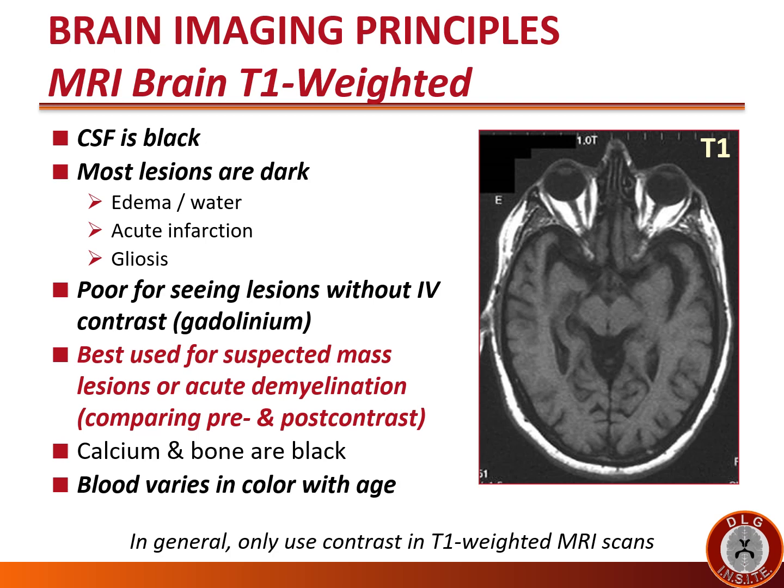They're best used for suspected mass lesions or acute demyelination, comparing the pre-contrast to the post-contrast T1 weighted images. Calcium and bone are black on T1 weighted images, and blood varies in color with age. In general, we only use contrast in T1 weighted MRI scans.